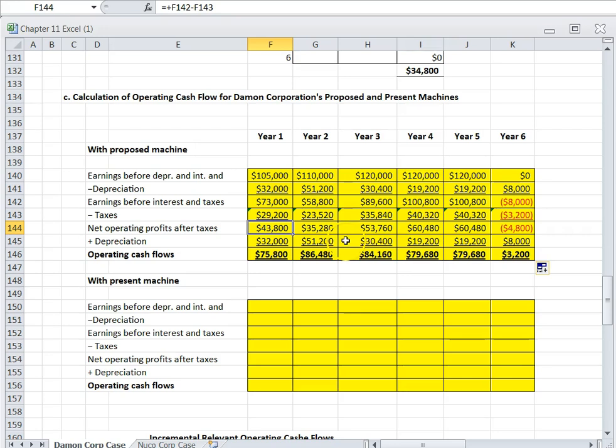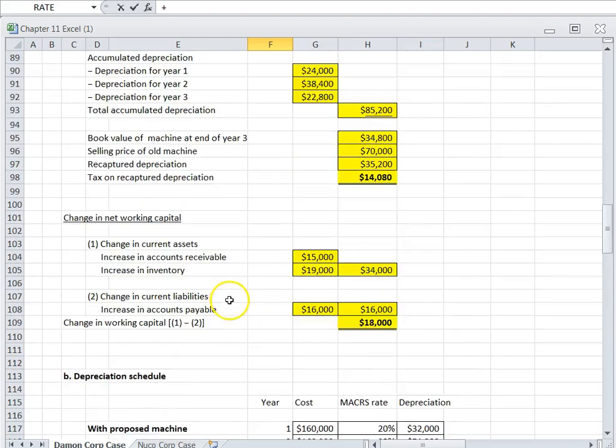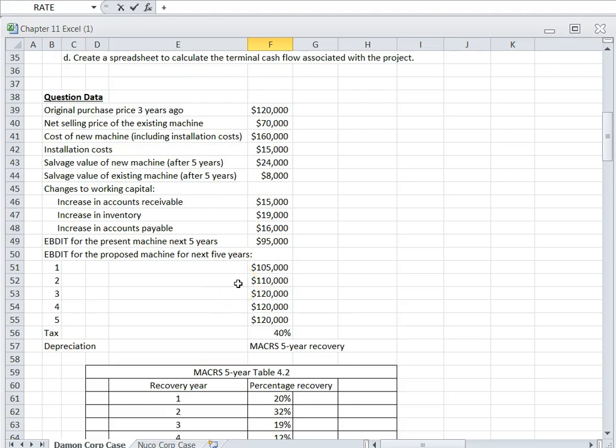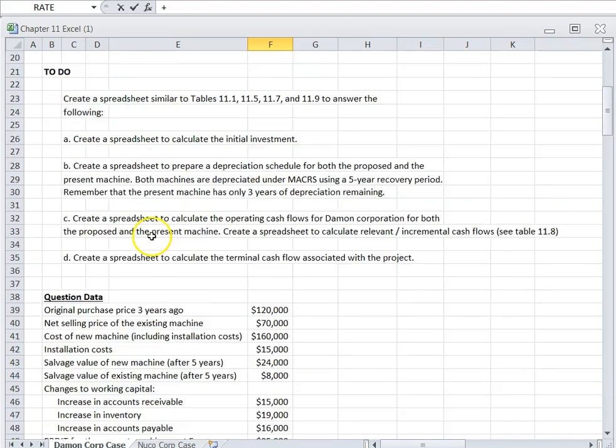All right, so moving forward, let's look at the present machine. Again, we have to get the present machine's earnings before depreciation and taxes. Where is that listed? It's up here somewhere.